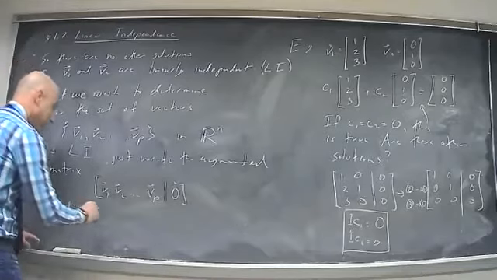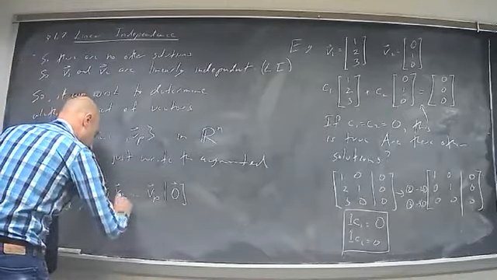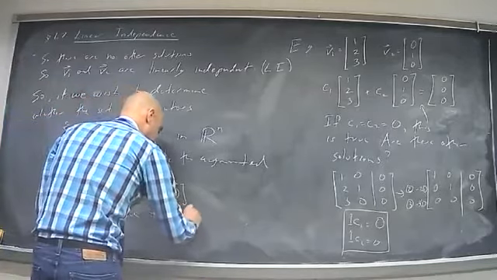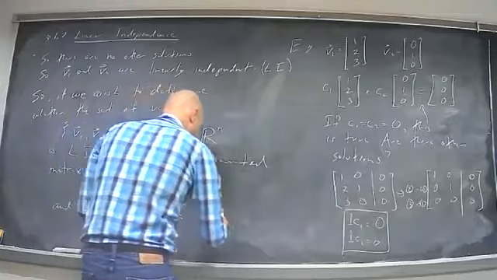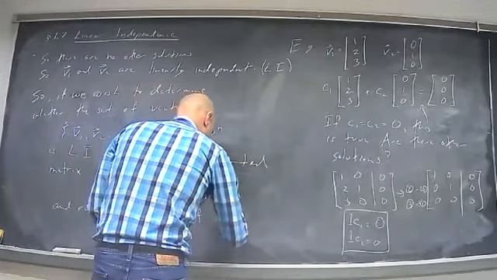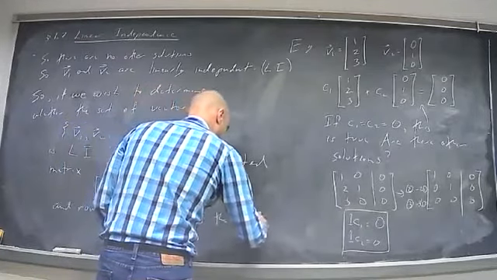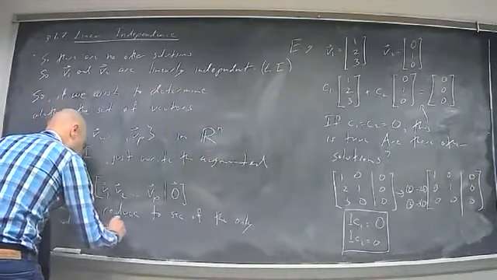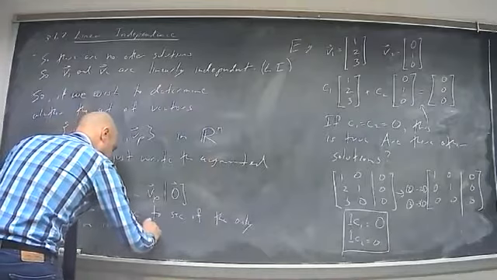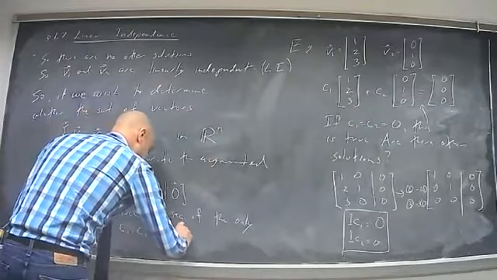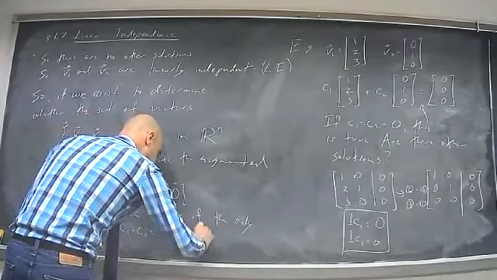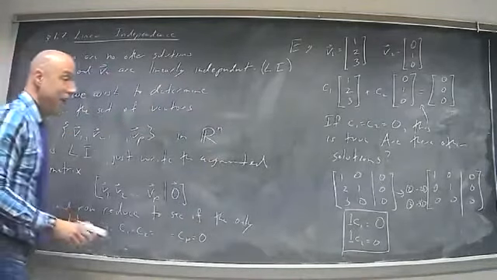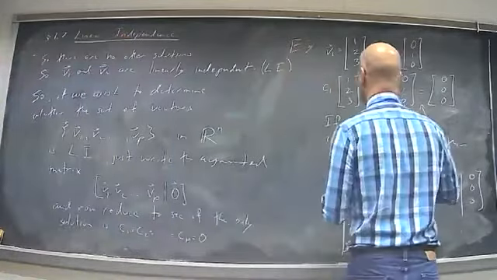So row reduce to see if the only solution is c1 equals c2 equals everything equals 0. And you know how to do that? You don't even have to find the solutions.